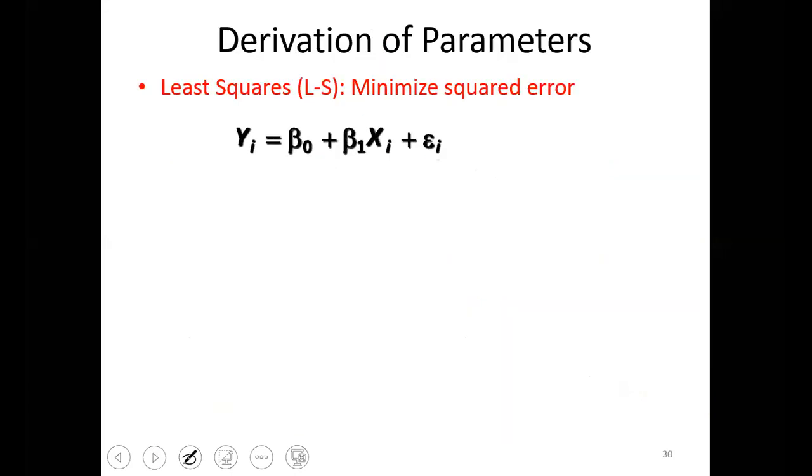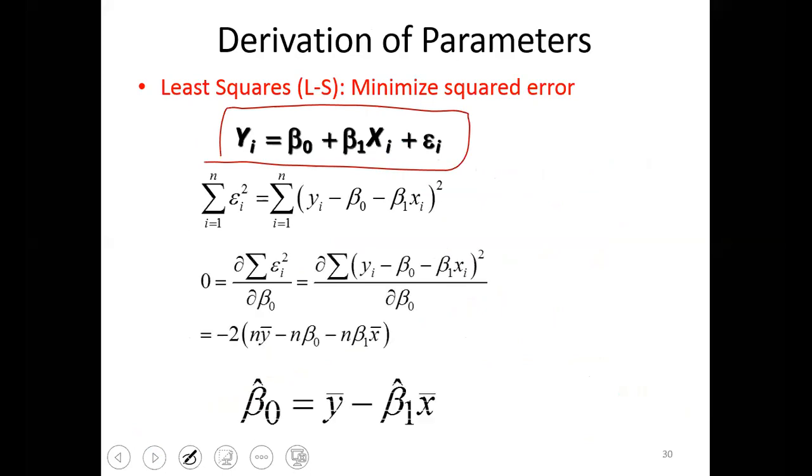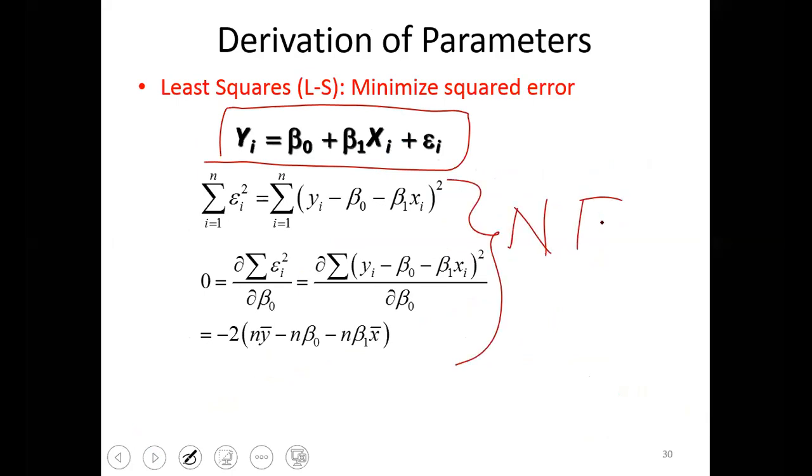So we write for a particular observation. This is the least square model. You don't need this formula, but this is called the normal equation. Through the normal equation, using partial differentiation, we can finally come up with this.